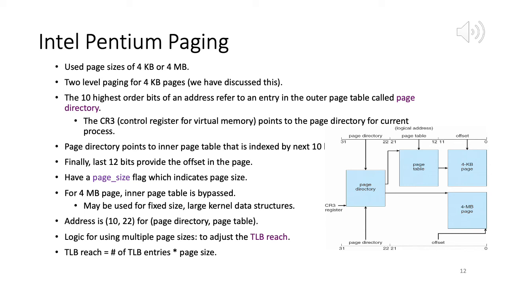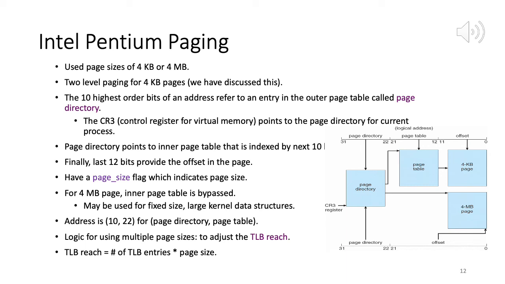You have a page directory, you have an inner page table. If you're using a single-level page table, then the inner page table is bypassed, and then what will the offset be? It looks like it will be 22.